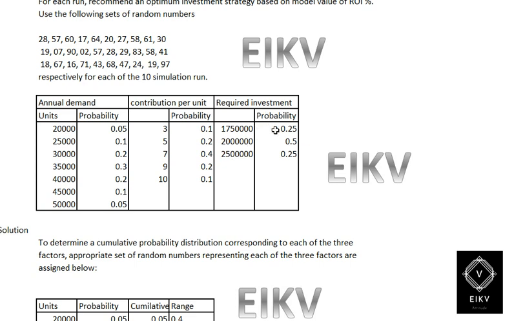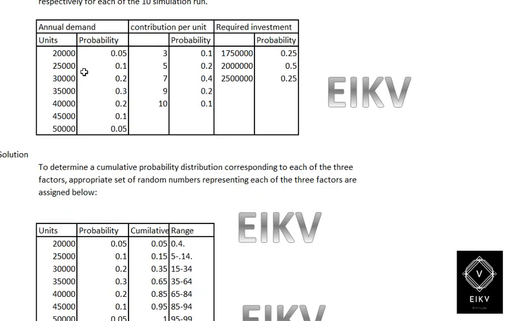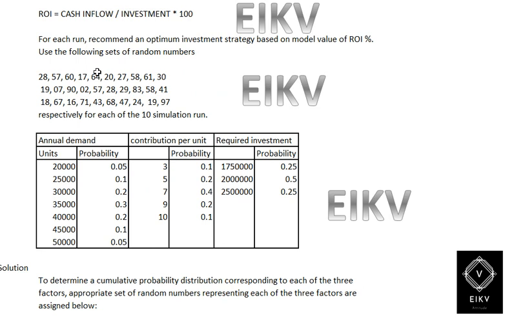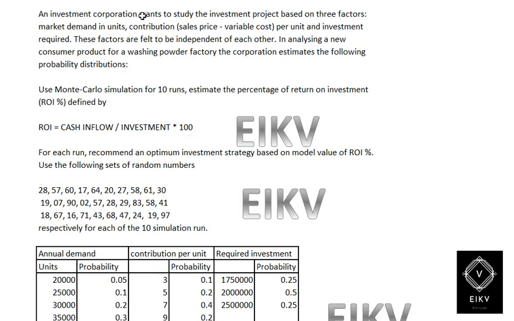Then we have the investment, which is 17.5 lakh, 20 lakh and 25 lakh, with respective probabilities 0.25, 0.5 and 0.25. From here we need to compute the optimum solution for the investment corporation.